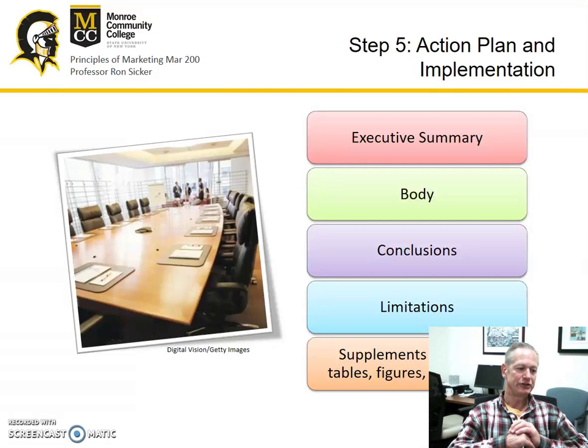The action plan, generally speaking, is either a report or a presentation, or both. You can do a report and provide that document to your boss. But most of the time these days in business, the report is a presentation.